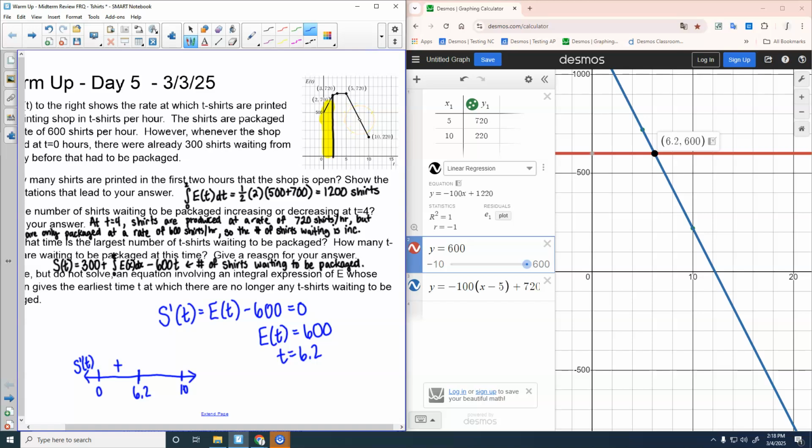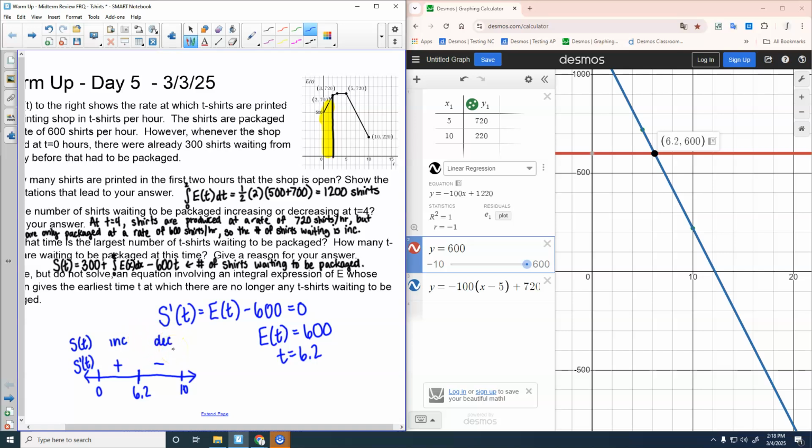I'm getting somewhere around 400. It doesn't matter the exact value. You just know it's a number smaller than 600. So that would give you a negative right there. What does it tell you about S if S prime is positive? S is increasing. And over here would be decreasing.